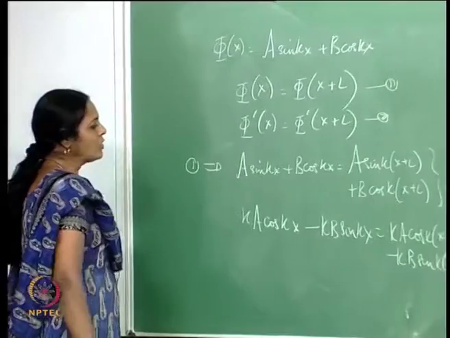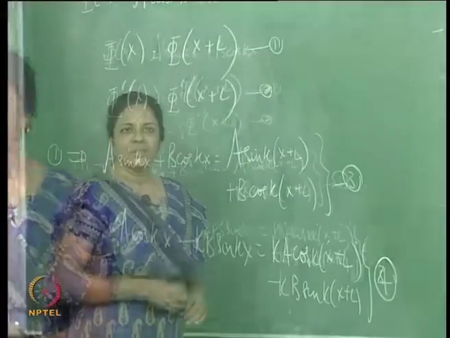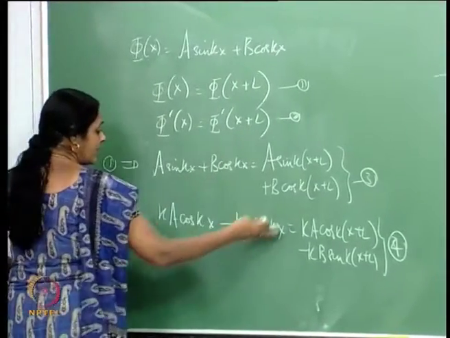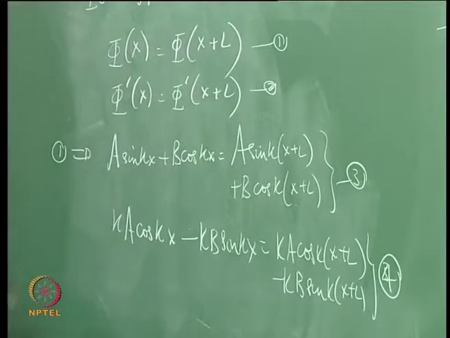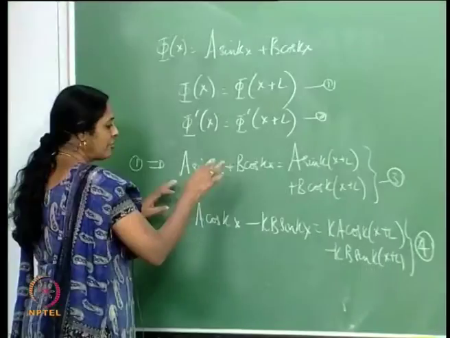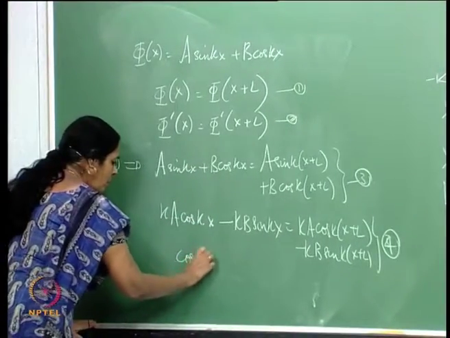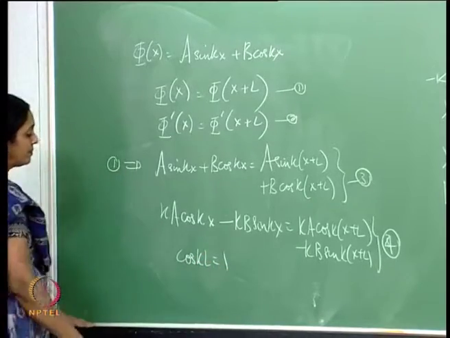But you see, if I want to solve for a and b, the determinant should be 0. Now, if you solve this equation and find out what the determinant implies, it simply tells you that cos kL is 1.